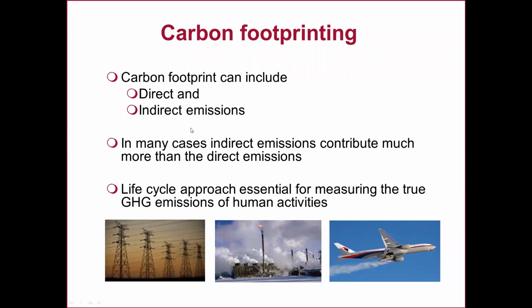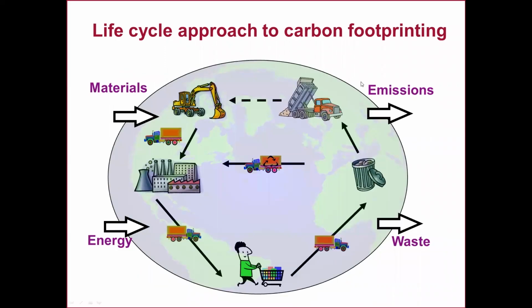As a result, we should follow the life cycle approach to include both direct and indirect emissions from a particular activity or process. So what is the life cycle approach?